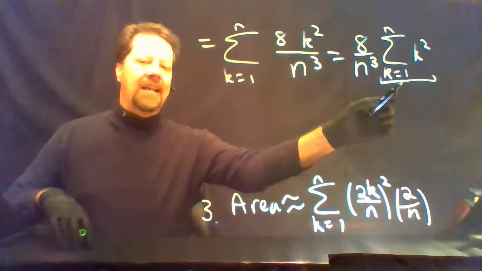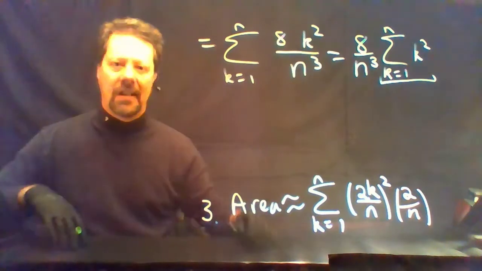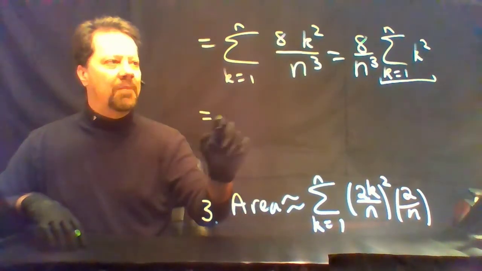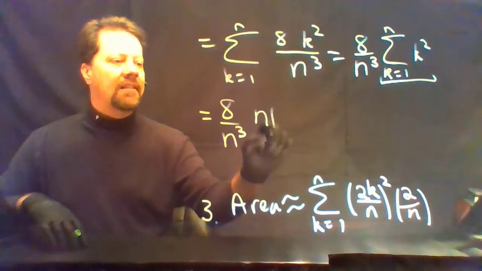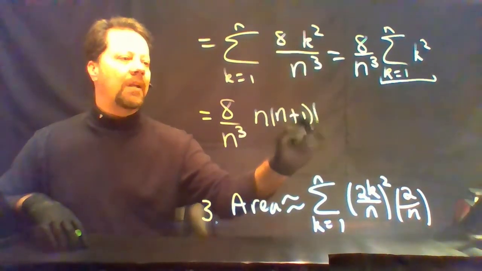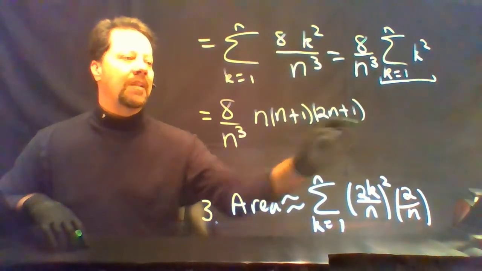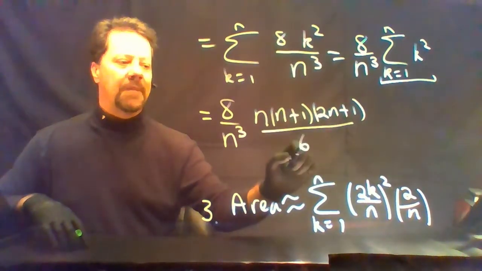And this has a formula that I've asked you to memorize. In particular, it's n times n plus 1 times 2n plus 1 divided by 6.